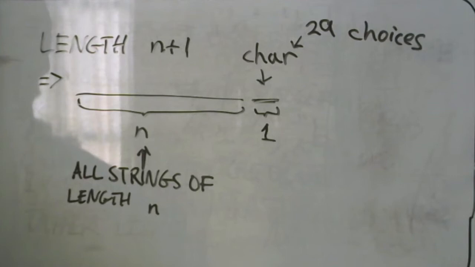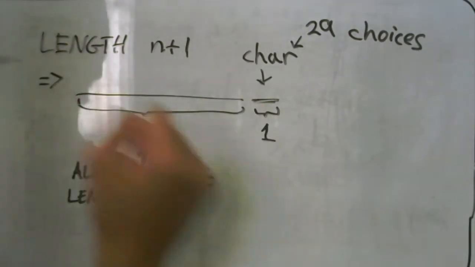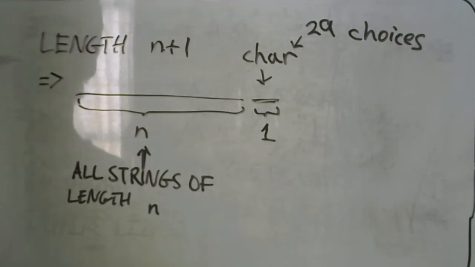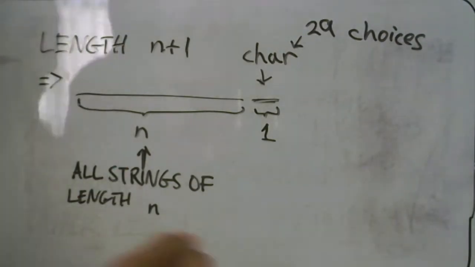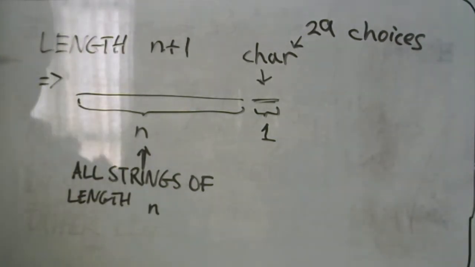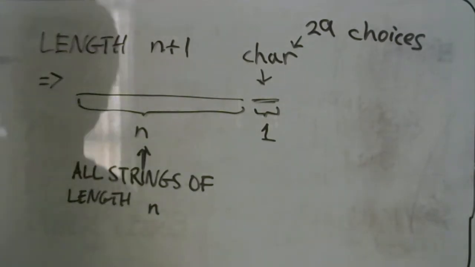But to construct all strings of length n minus 1, we must construct all strings of length n minus 2, and so we must construct all strings of length n minus 3, and so on. This leaves us with a problem, which is that our program doesn't know when to stop. If we continue this process, eventually it'll ask for, what are all possible strings of length 0? What are all possible strings of length -1, length -2, length -3? And you can see how it's not going to terminate.